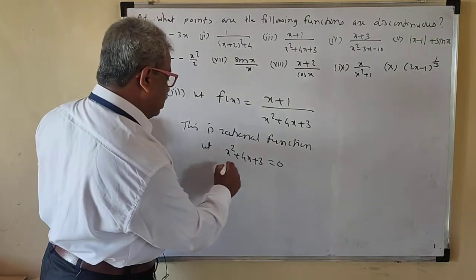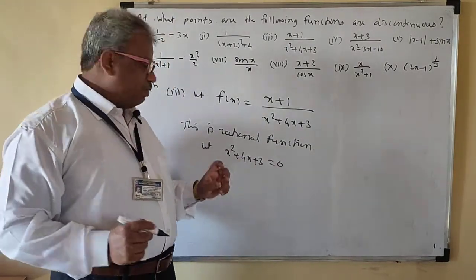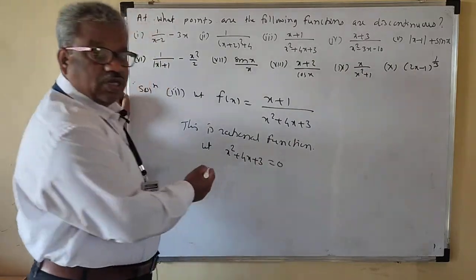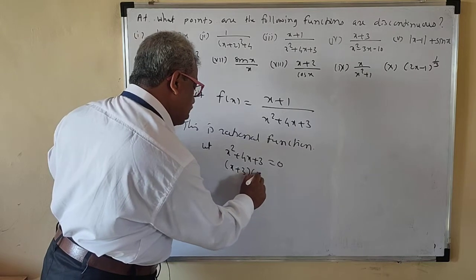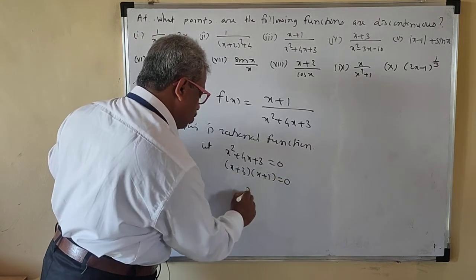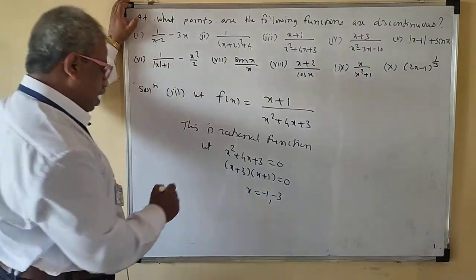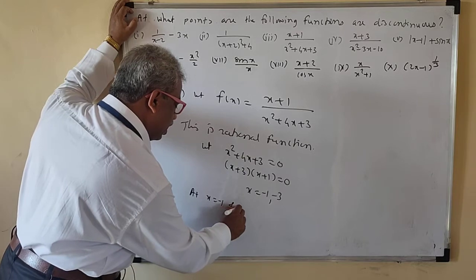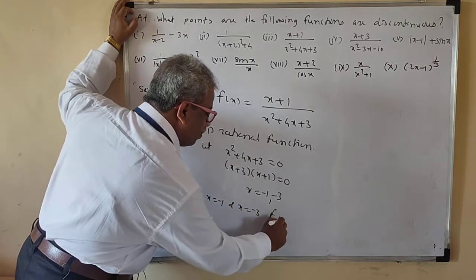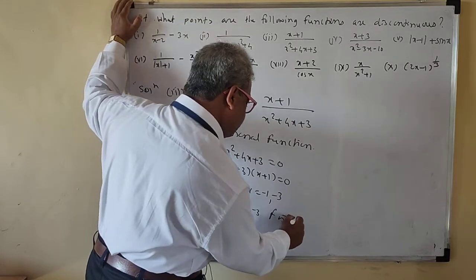Then you can factorize this. The product is 3 and the sum is 4, and the coefficient of x square is 1. So directly you can write the factors (x plus 3)(x plus 1) is equal to 0. So x is equal to minus 1, minus 3. That means at x is equal to minus 1 and x is equal to minus 3, f is discontinuous.